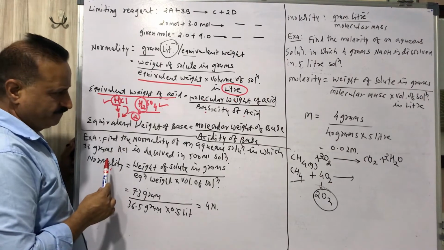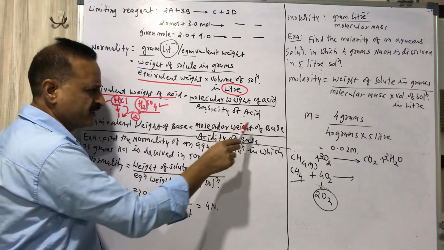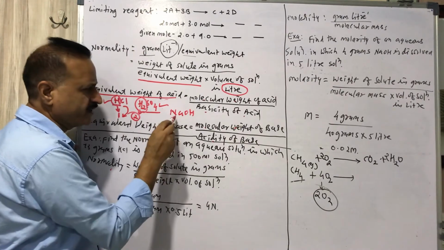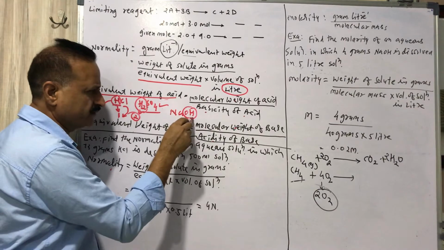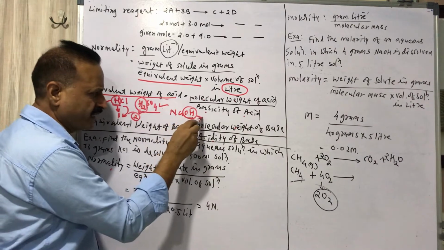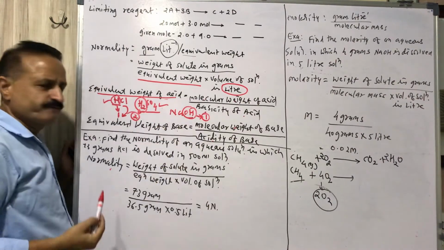Same way, the equivalent weight of a base means the molecular weight of the base upon the acidity of the base. Suppose we have NaOH. NaOH is a base. The acidity of a base is the number of OH. In NaOH, one OH is present, so the acidity of the base is 1.